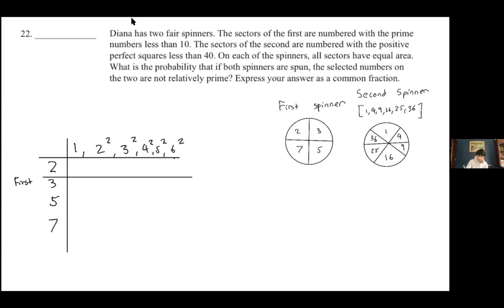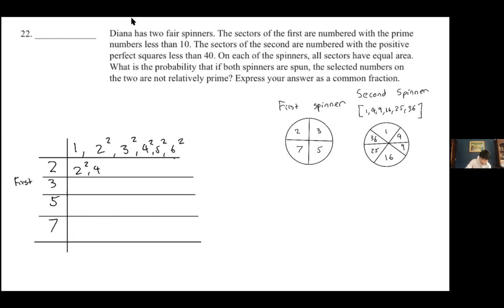So we're trying to figure out the number of pairs, the number of ways that we can roll one of the numbers from the left, then one of the numbers from the right, and have the two numbers that we rolled not be relatively prime. So if we roll a 2, there are 3 numbers which are not relatively prime to 2: 2 squared, 4 squared, and 6 squared.